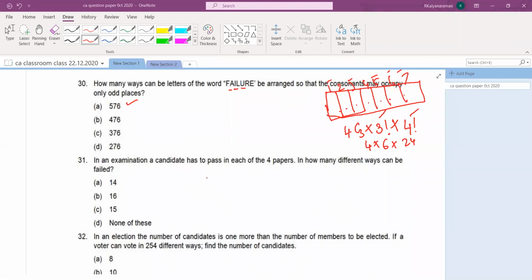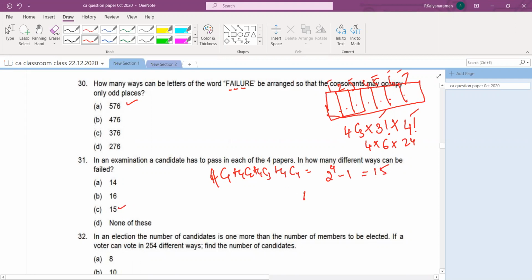That means he can fail by failing in one paper, two papers, three papers, or all the four. So it is 4C1 plus 4C2 plus 4C3 plus 4C4. This is 2 power 4 minus 1. So 15. So answer choice is C.